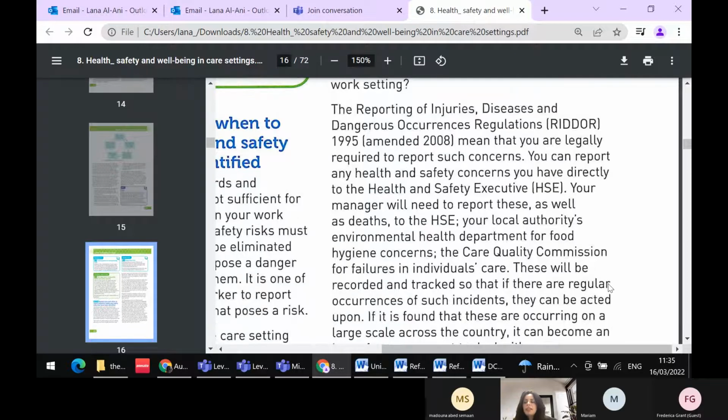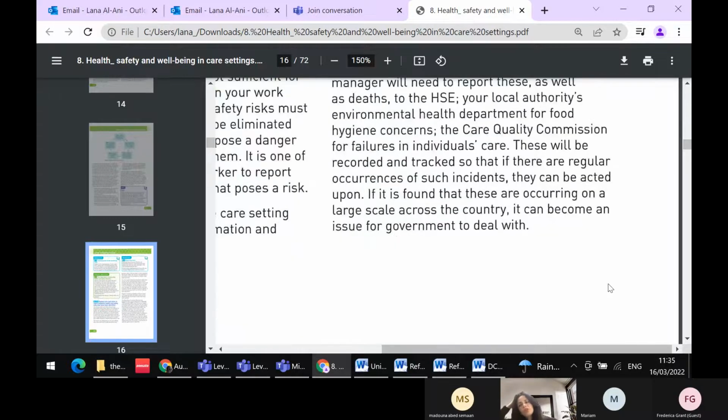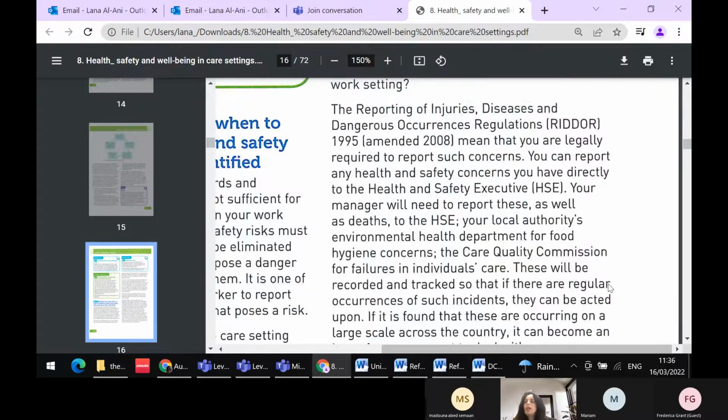So first of all, you need to identify the issue, the concern, as soon as you find it, and you need to report it. You have the responsibility to report it to your manager. Your manager has the responsibility to report it to the local authority, to the Care Quality Commission, to the Health and Safety Executive.